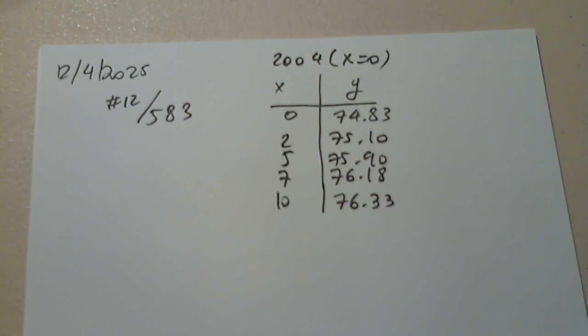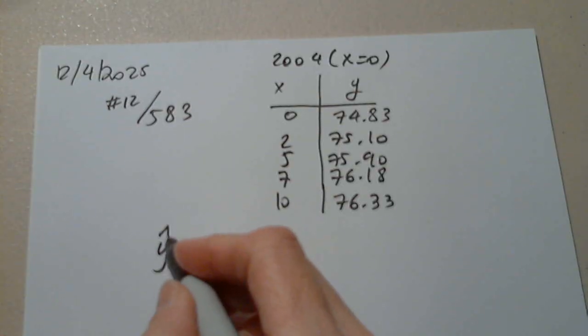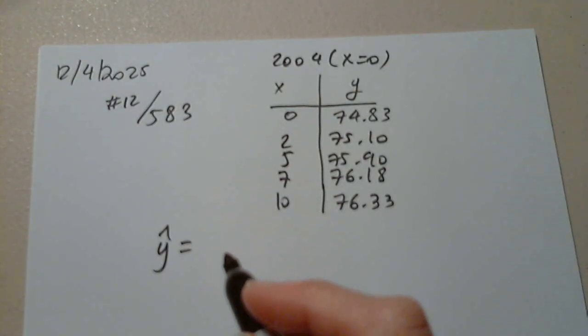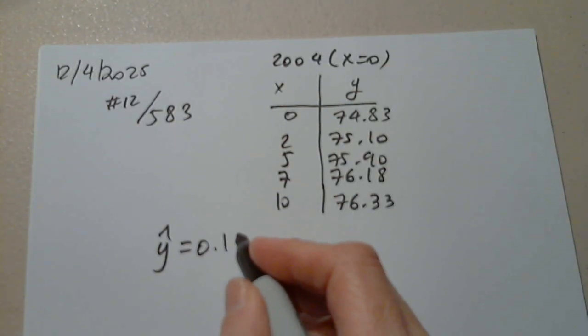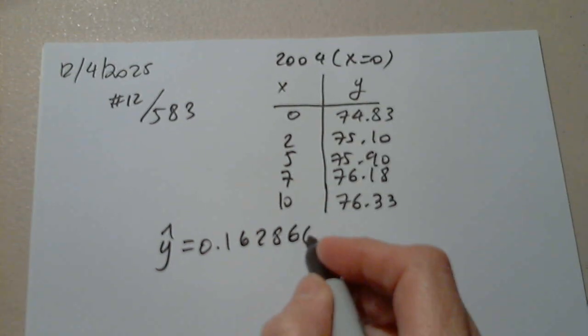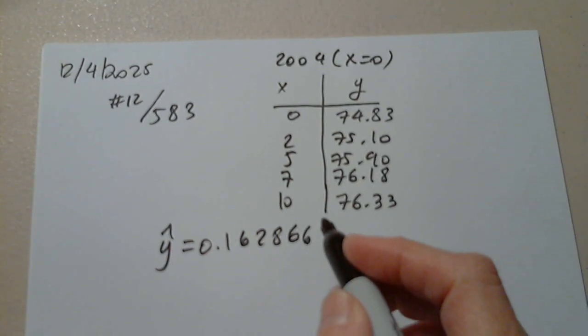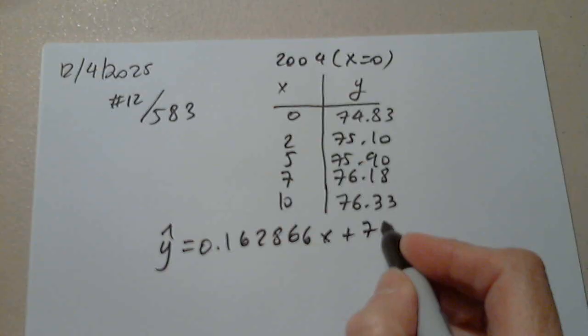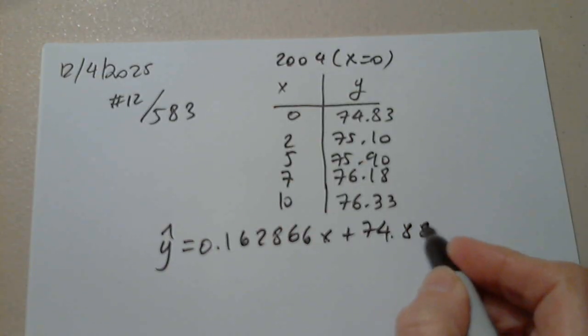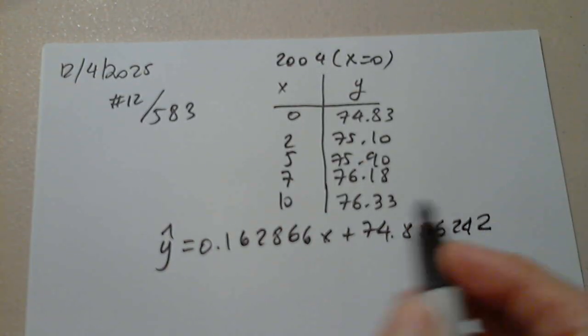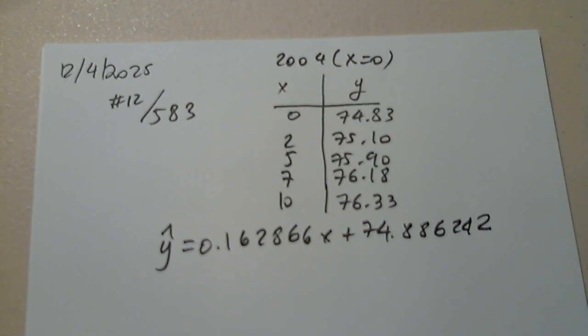And I'm going to write, this is the so-called y hat, the predicted y hat, 0.162866 x plus 74.886242. So now I want to graph both.